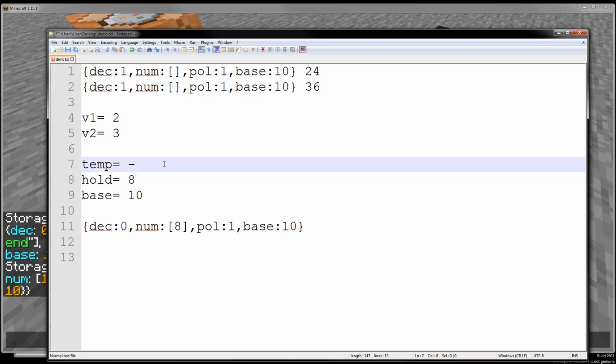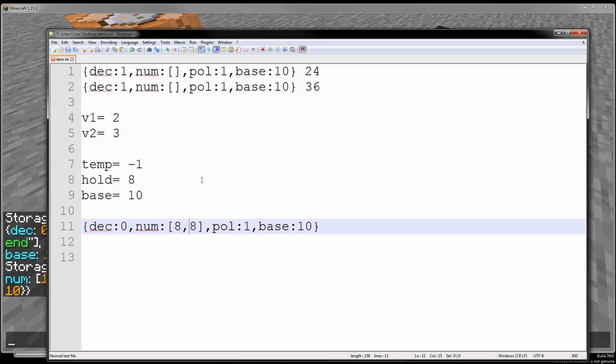Then I carry the -1, and I prepend 8 to this list. And now the issue is I have a -1 in my temp value, with 88 as my solution, because I've run out of numbers in my operation here. Now that just doesn't work.